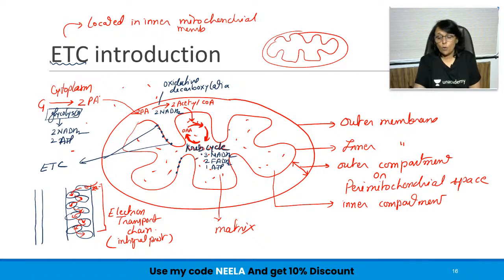These folds of the inner mitochondrial membrane are called crista. And on these crista, you find some bulb-like, knob-like structures. These knob-like structures are called the oxysomes or F0, F1 particles.